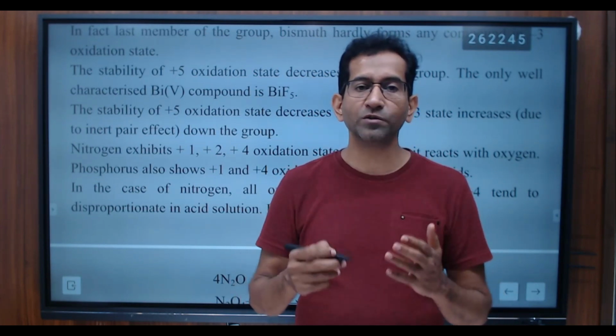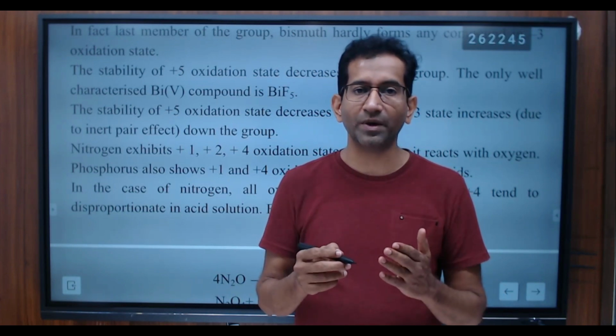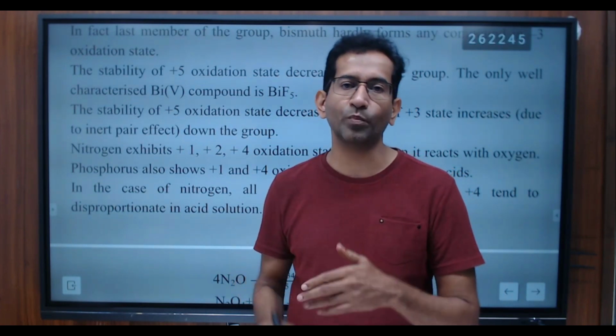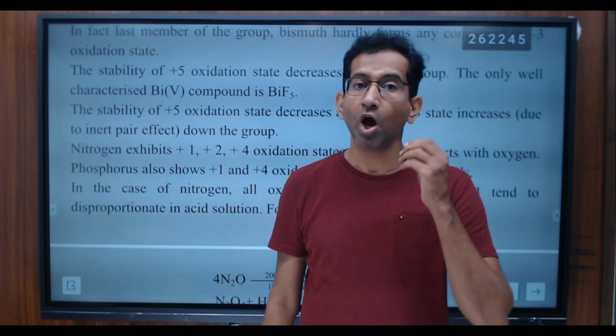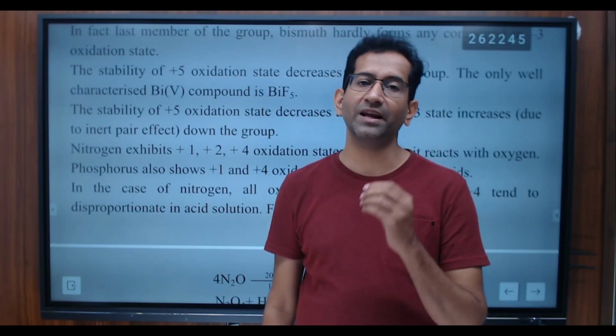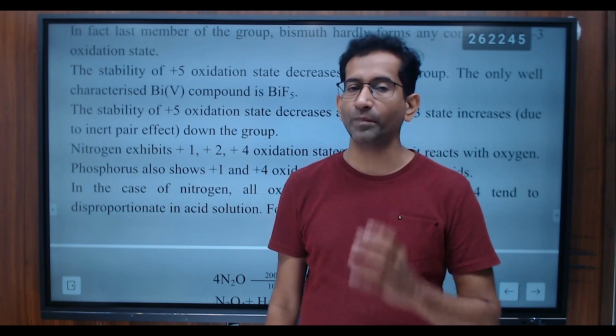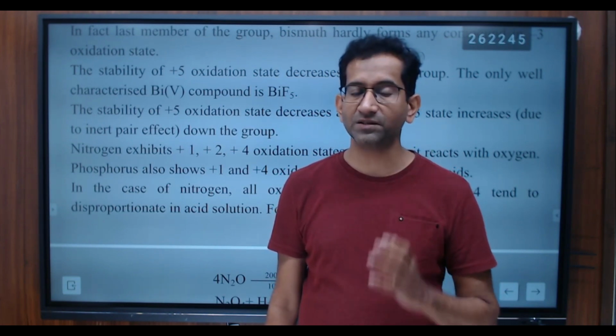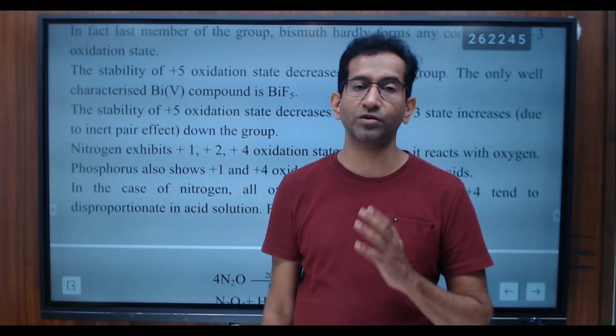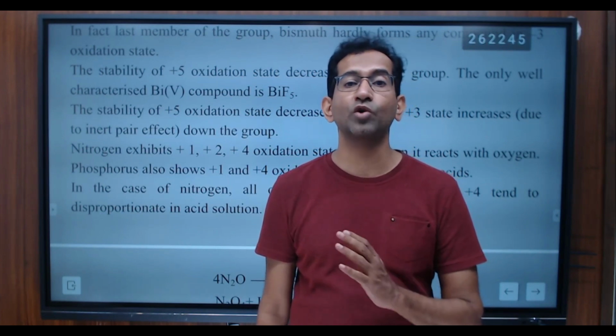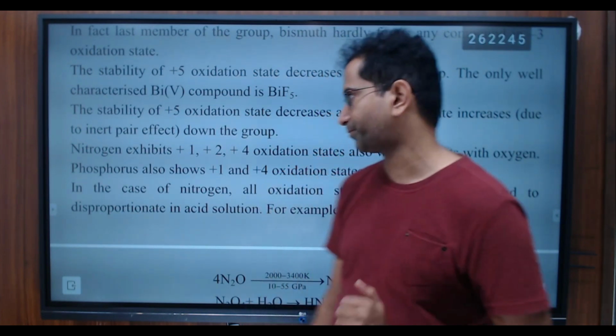So electrons present in the 6s orbital have very little tendency to participate in compound formation. Only the 3 electrons present in 6p orbitals participate in compound formation. So bismuth forms +3 oxidation state compounds only, and they are also ionic in nature.